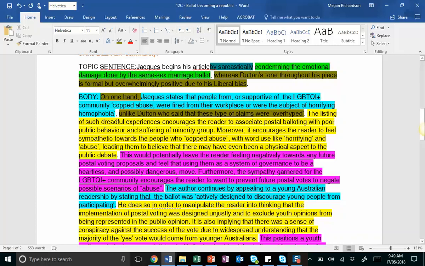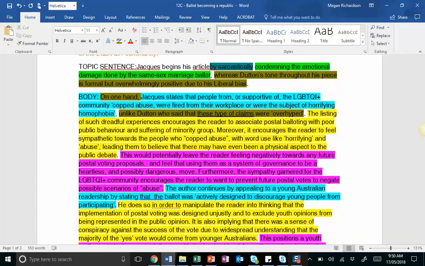It encourages the reader to feel sympathetic for those who copped abuse. Blah, blah, blah. This would potentially leave the reader feeling negative towards any postal votes. Blah, blah, blah. Okay, so where it says feel negatively towards any future postal votes and possibly a dangerous move, I could say proposed postal votes.